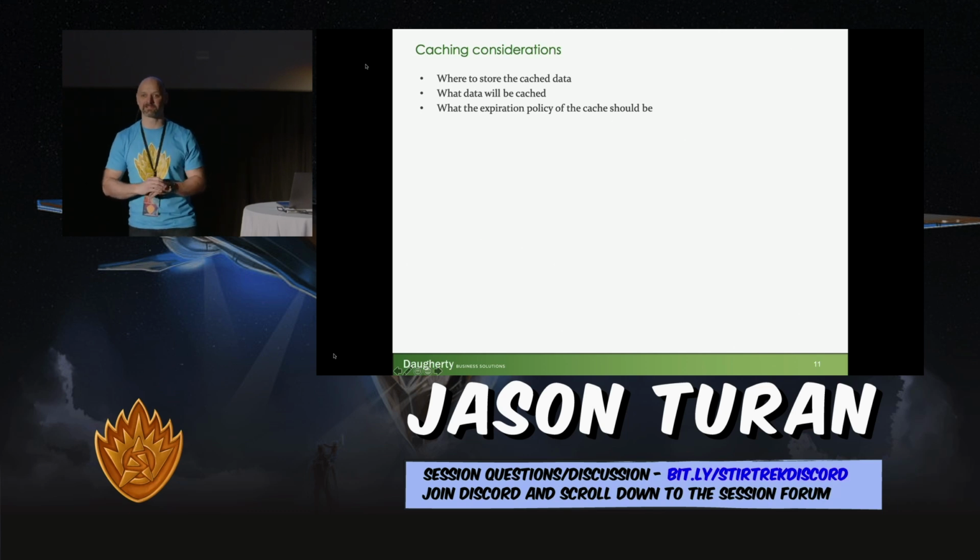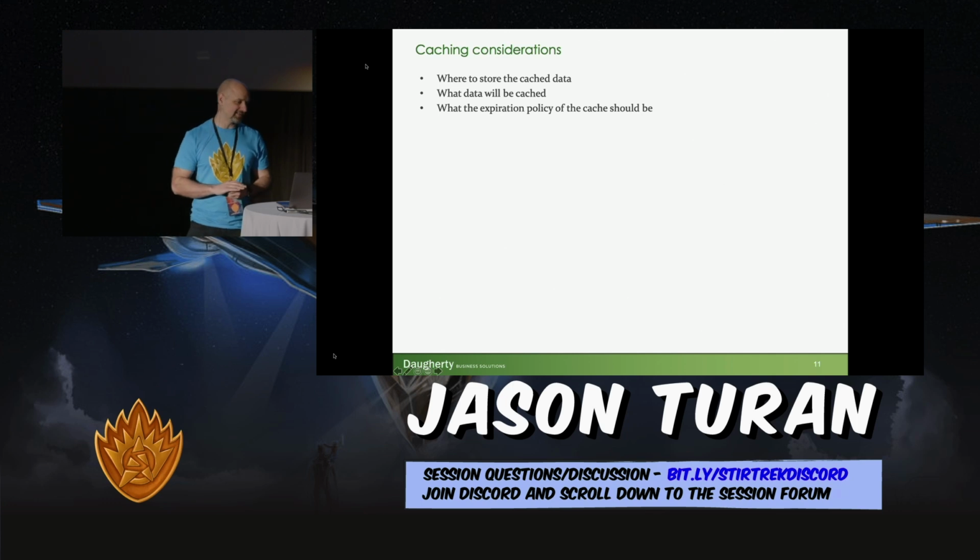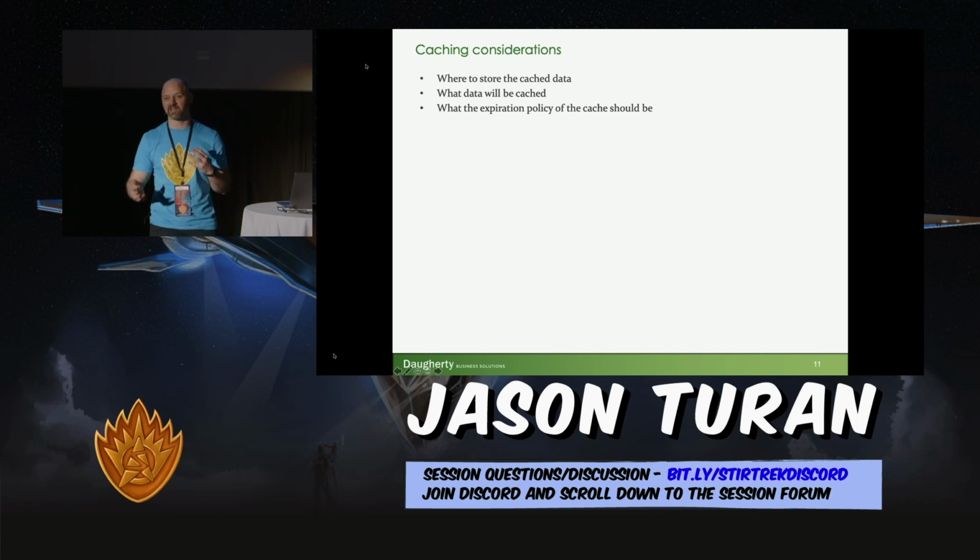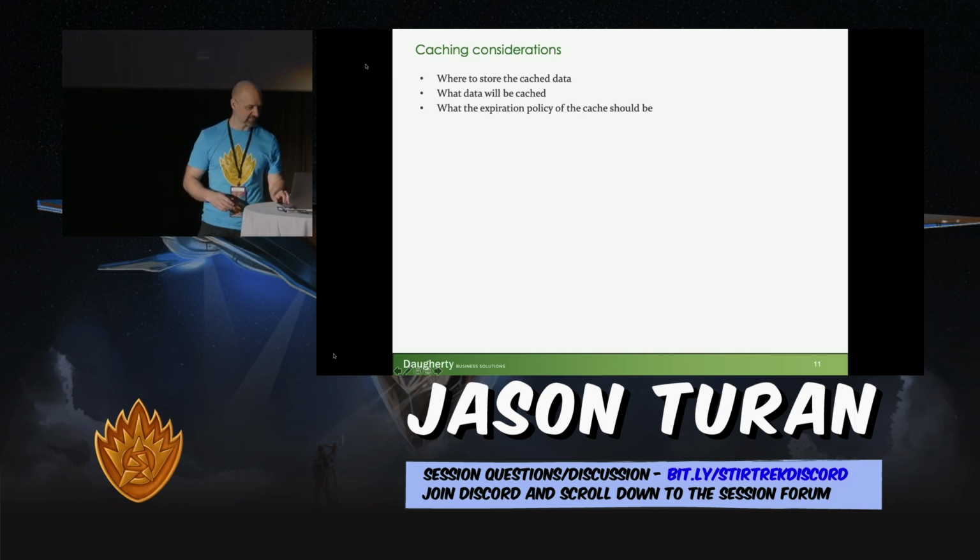You're showing data to the end user that's incorrect. And so based off the particular thing that you're caching, you'll have to decide what an acceptable amount of latency should be for that data item.